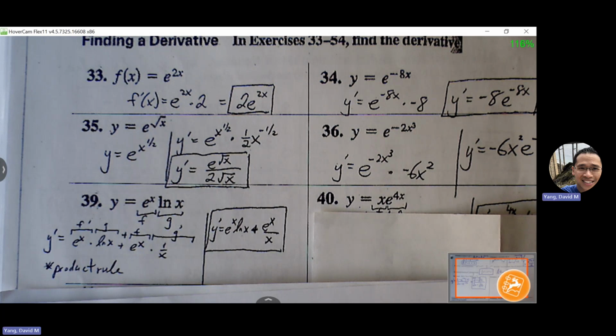So number 40 should feel like 39. Product rule.